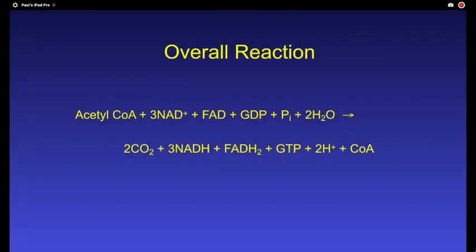Overall reaction. All right. For each round of acetyl-CoA, of which if I do my stoichiometry from glucose, I have to do this twice. Okay? And if I take a look at it, this is where all of the energy is at the beginning. It's bound up in the bonds of the acetyl-CoA.